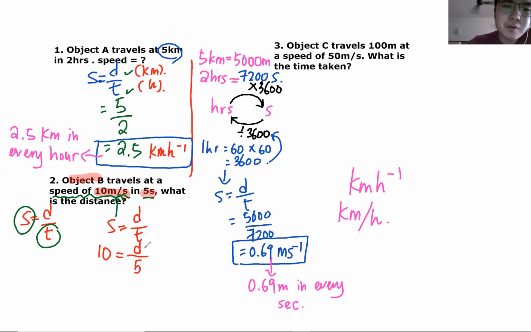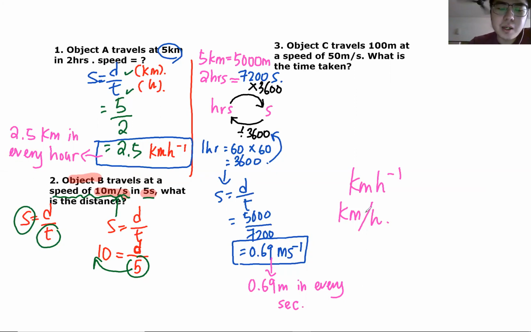Now you want to find D. So D is an unknown. To find D, you want to move this 5 over to the other side. This is when you need to use your mathematical skill.